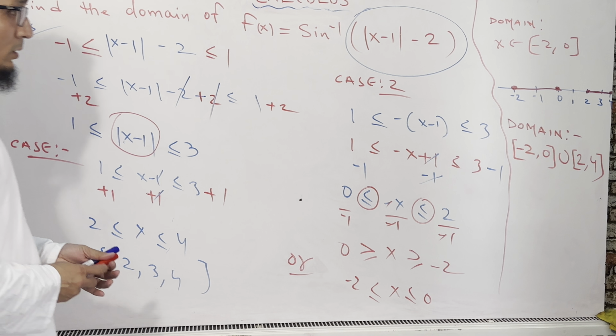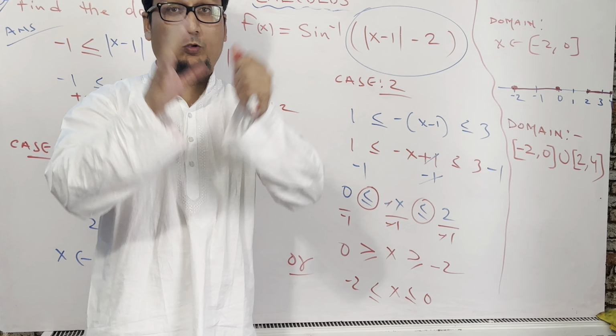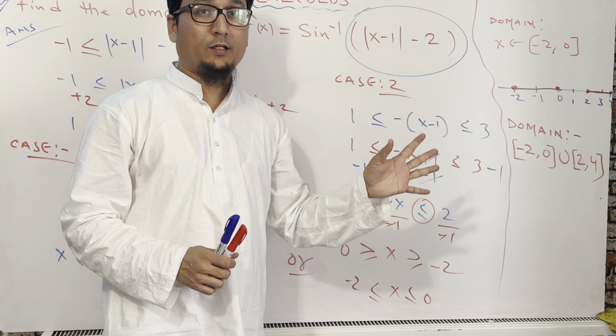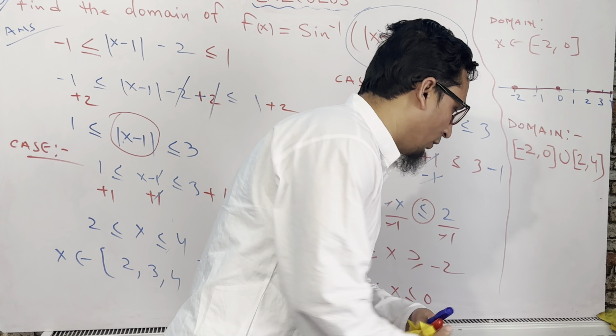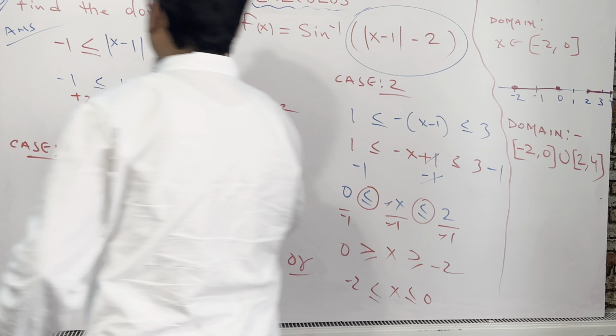Okay, so this is the first way, if you don't know the graph of mod of x minus 1. But if you know the graph, I'm going to tell you how to find the domain here without solving. So give me just 15 seconds.